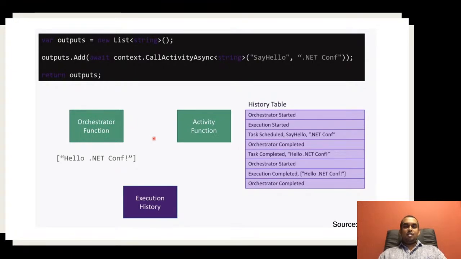A single orchestrator function will be calling multiple activity functions, and the execution history is stored in the storage account as a blob or as table storage. Now if you look at this piece of code, you can see it's creating a list of strings as outputs and adding a set of text to this list collection.